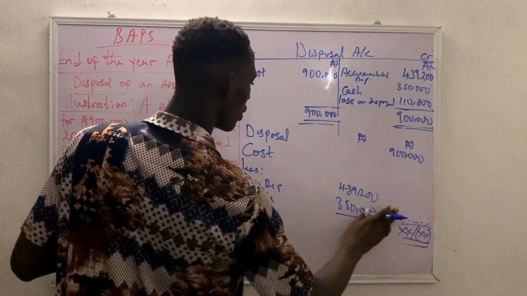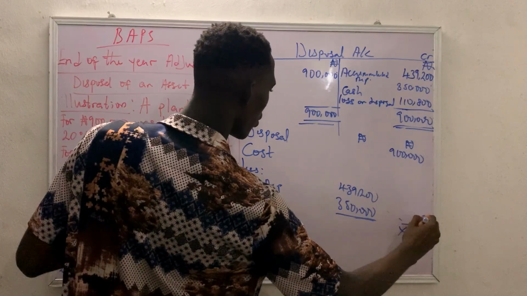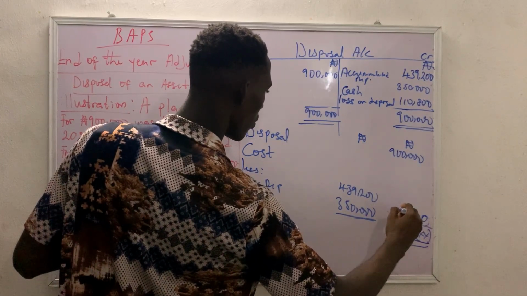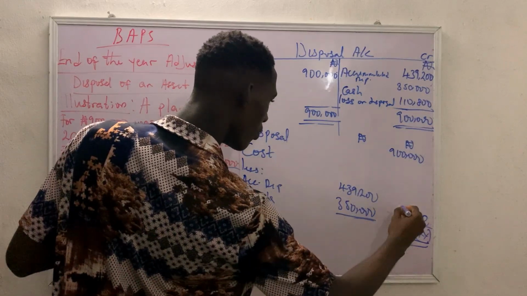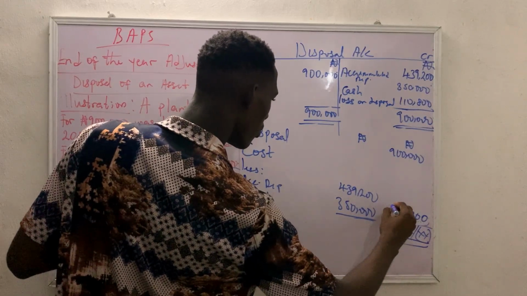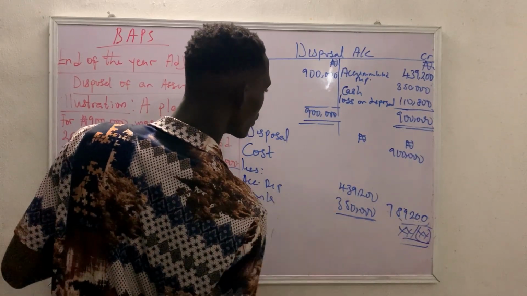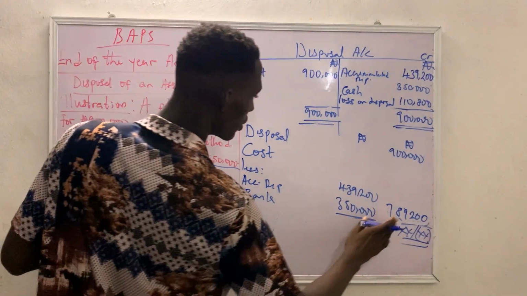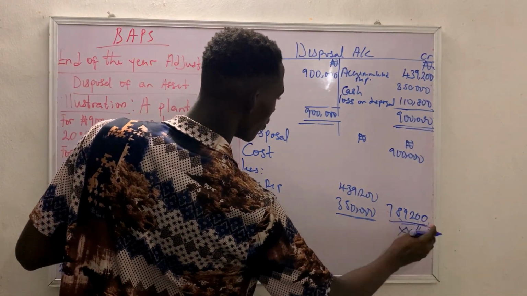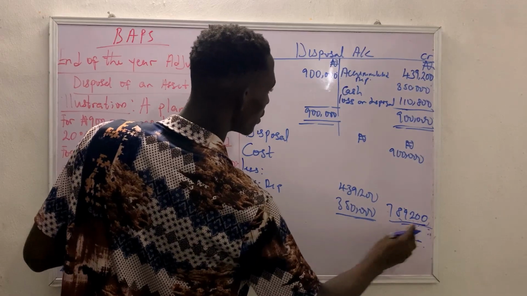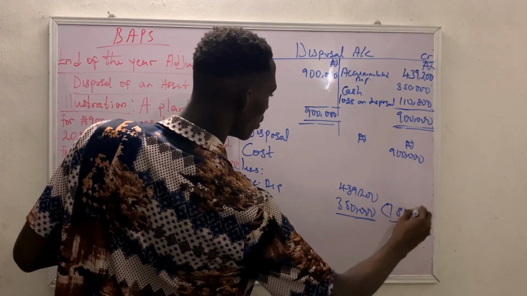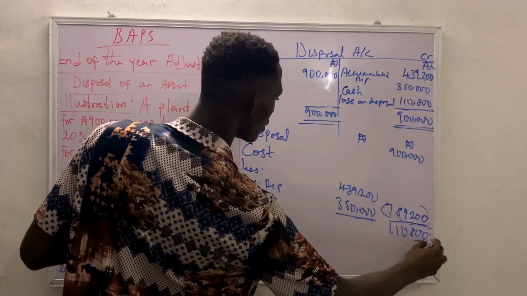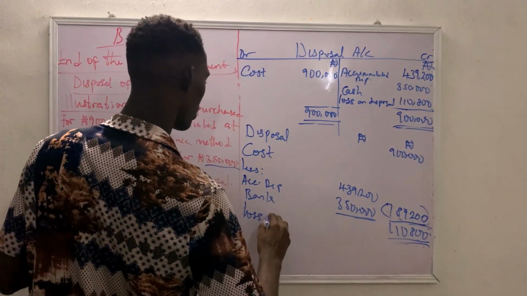So when you sum this up, this is 789,200. If you should sum it up, this will give us 110,800. So this is a loss on disposal.